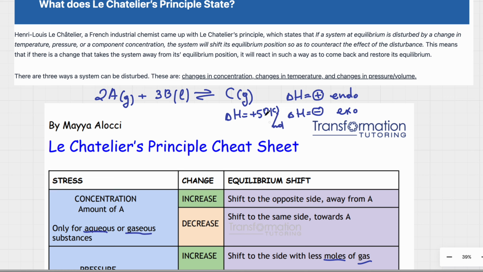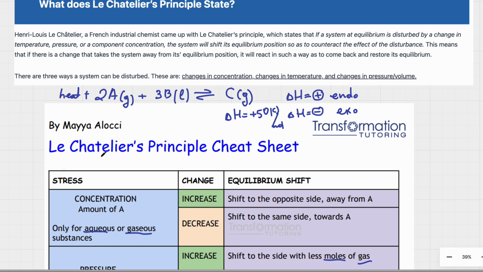So now I know that my reaction is endothermic because my delta H has a positive sign. If it is endothermic, that means it is absorbing heat, and I will add heat to the reactant side. If my delta H was negative, that would mean that I have an exothermic reaction, and I would add heat to the product side.